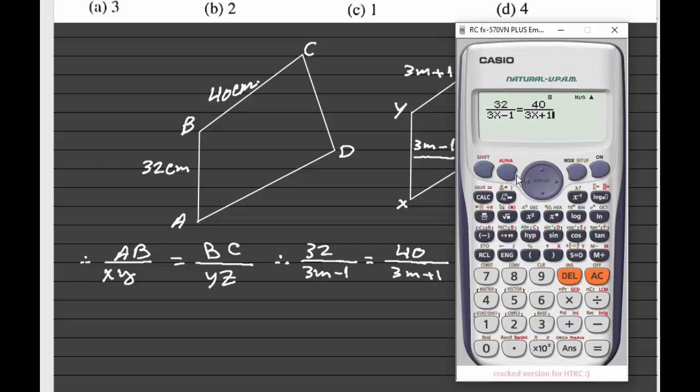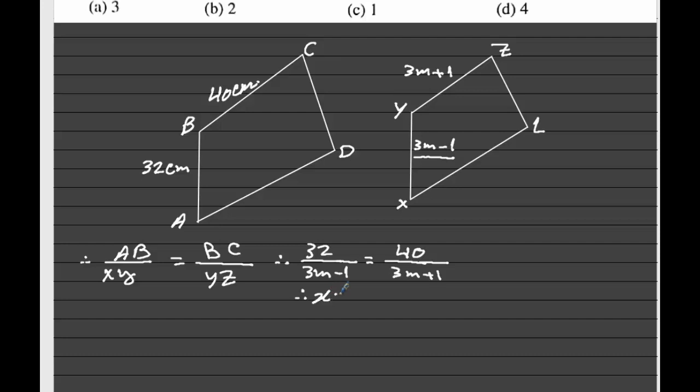To get the value of the variable, press shift solve and equal. So the variable equals 3. And we choose letter A here and go to the next question.